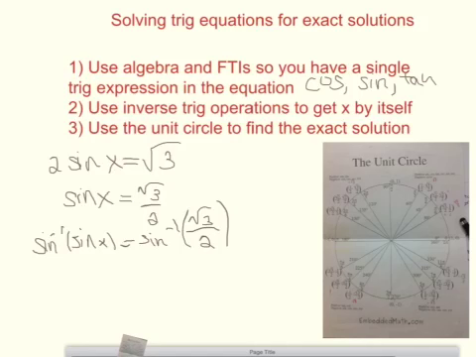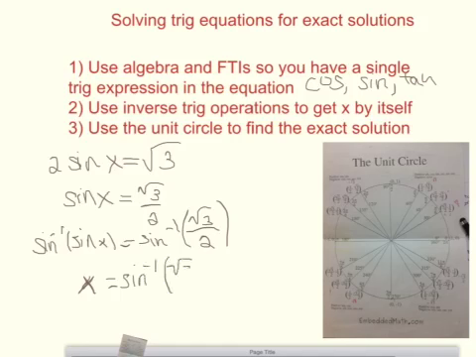Because sine and inverse sine undo each other, we get x on the left hand side of the equation. And then on the right hand side, we just get sine inverse of square root of 3 over 2.